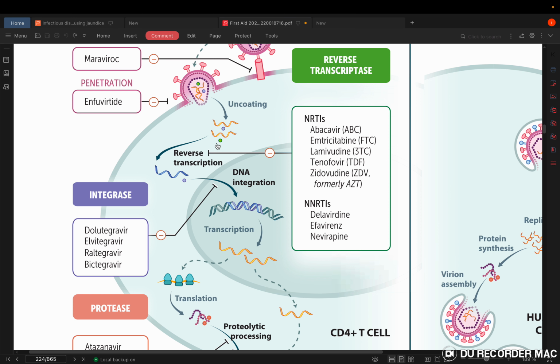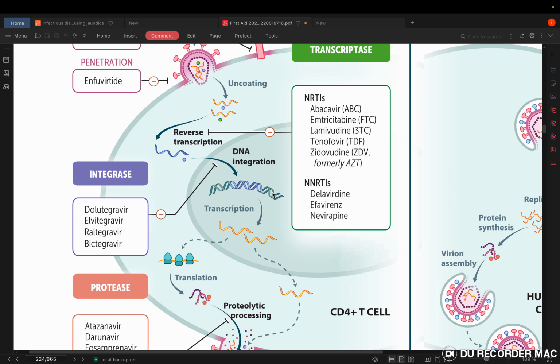So it will create DNA out of RNA, and after creating it, it will integrate it inside of the genome of us human beings. The process of integrating needs an enzyme called integrase, which integrates the viral DNA into our DNA. Then the processes of transcription and translation will occur.